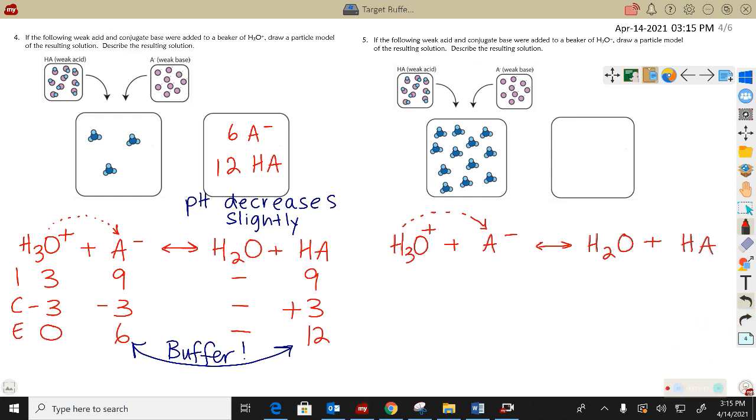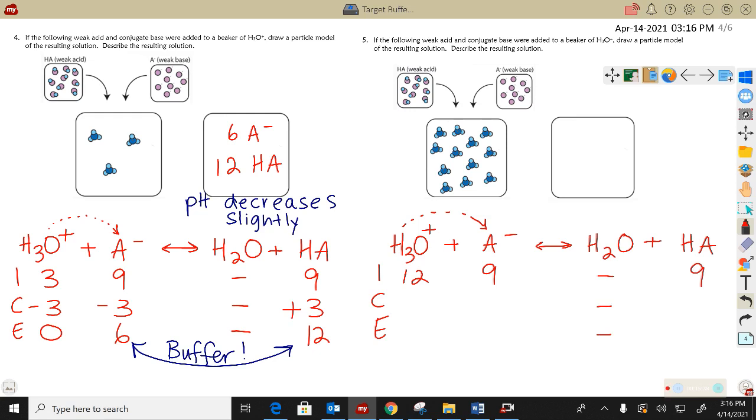All right, let's count and see what we got here. ICE. Oh man, 1, 2, 3, 4, 5, 6, 7, 8, 9, 10, 11, 12 of the hydronium ions. 2, 4, 6, 8, 9. And yep, 9 and 9. Same buffer. And I don't care about the water.